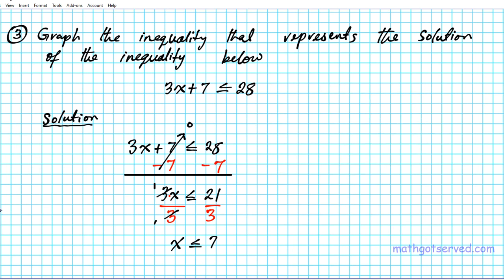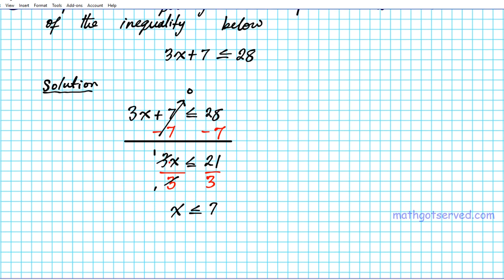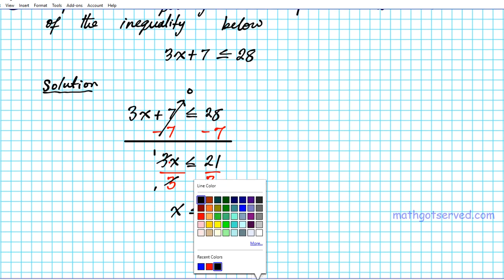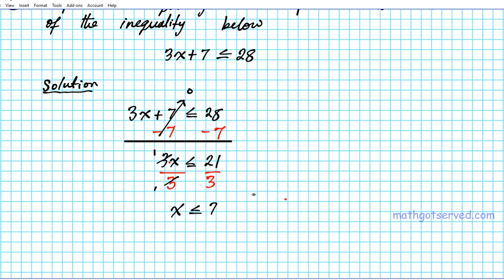Well, let's put aside a point that you always want to keep in mind when you are solving inequalities. Very, very important. Note, you switch the inequality symbol when you multiply or divide by a negative.